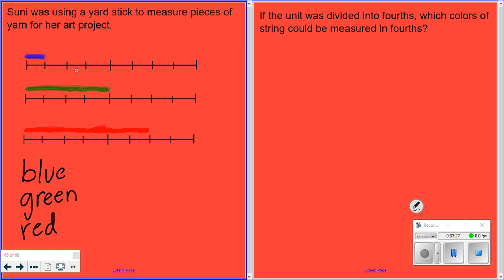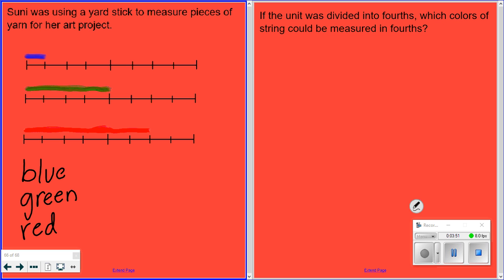I'm going to count how many spaces are in the whole thing. 1, 2, 3, 4, 5, 6, 7, 8. We're stopping where it says 1 whole, because I need to know how many spaces are in 1 whole. Jackson, we counted 8 spaces, so what am I going to be counting by? 8.